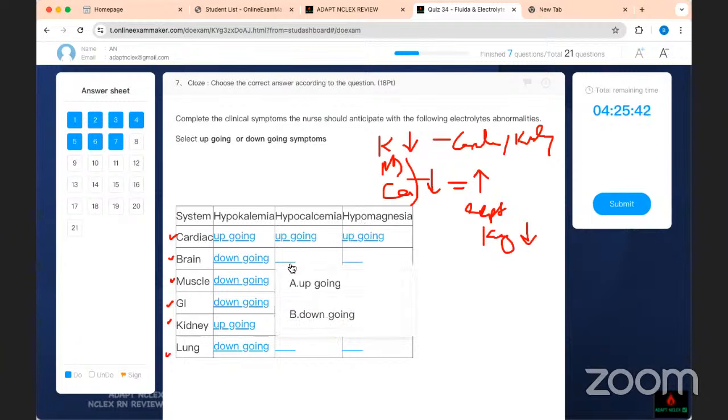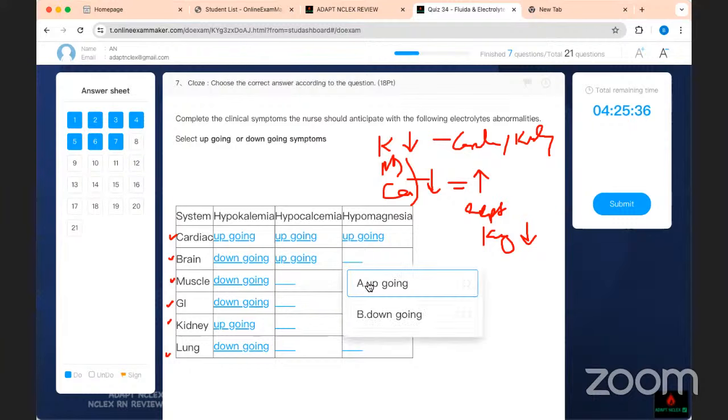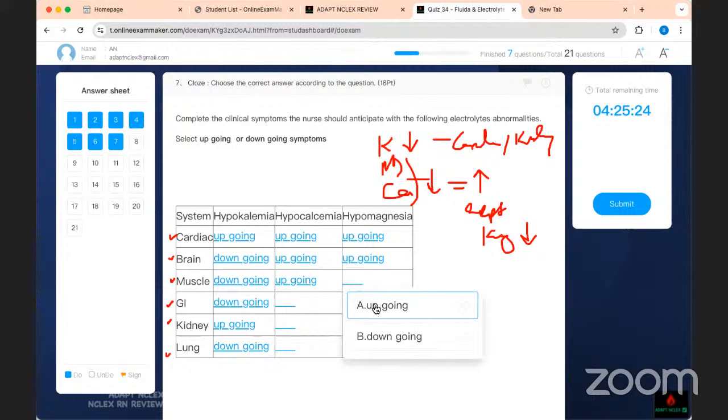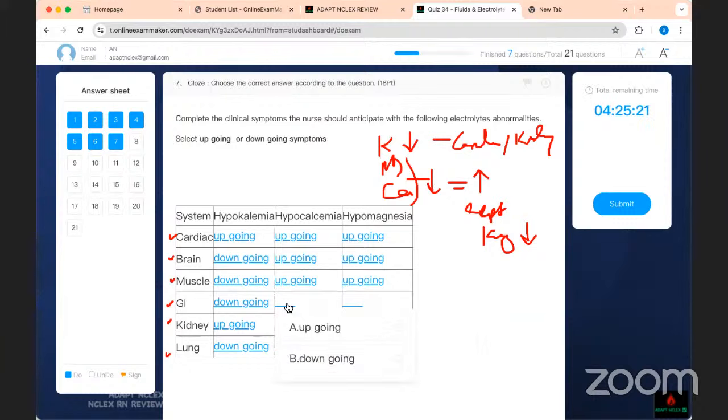Your brain will also follow the same direction, as will your magnesium. Your muscle will start to twitch because you have hypocalcemia. The same thing, with magnesium, muscle is going to twitch. Your GI tract will speed up, right?